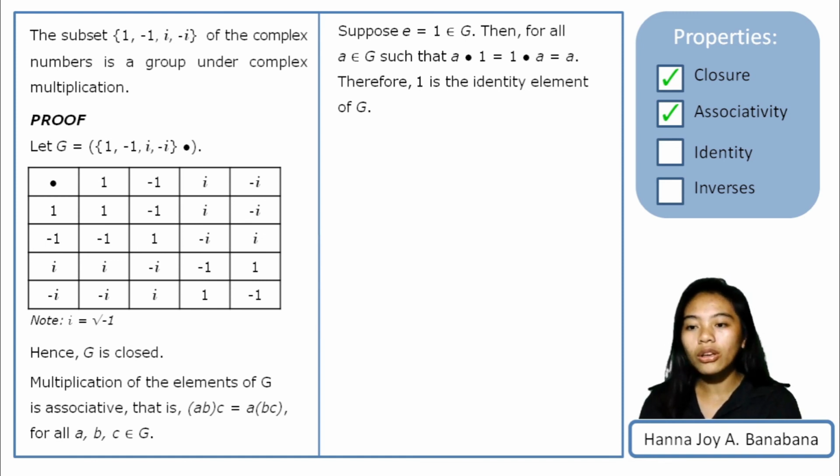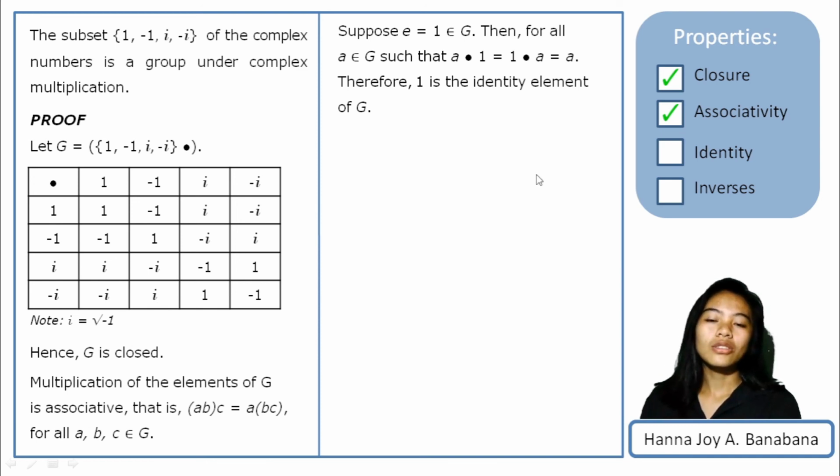For example, 1 times 1 is still 1. i times 1 is i. Negative i times 1 is negative i. So, we have already shown that this meets the property of having an identity element.